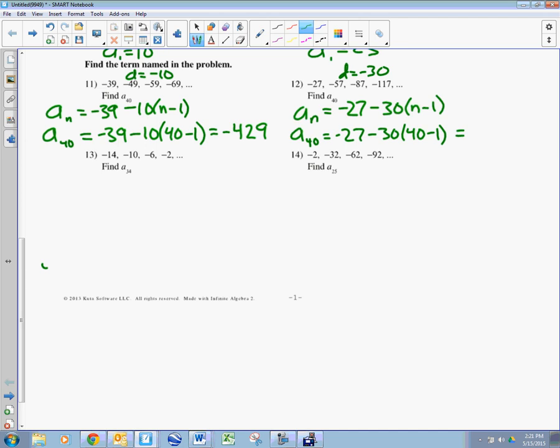Can somebody give me a result there from their calculator? Negative what?